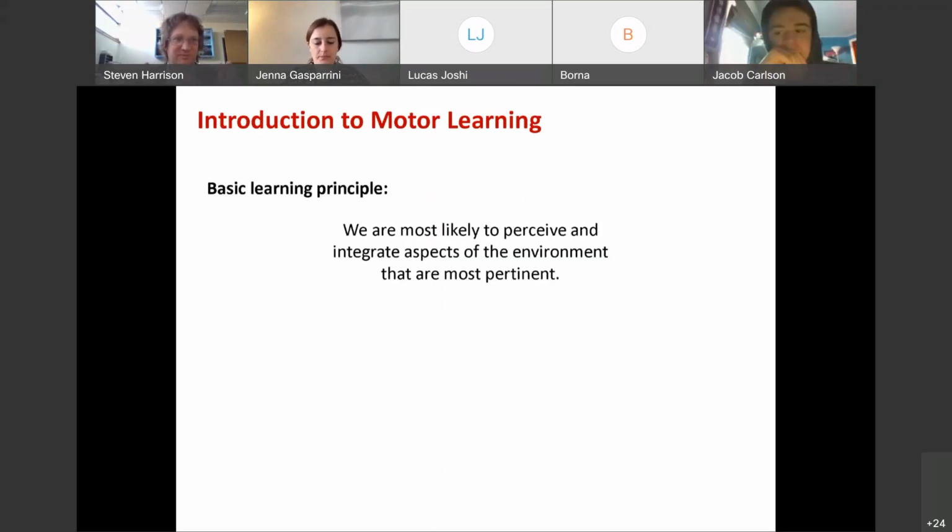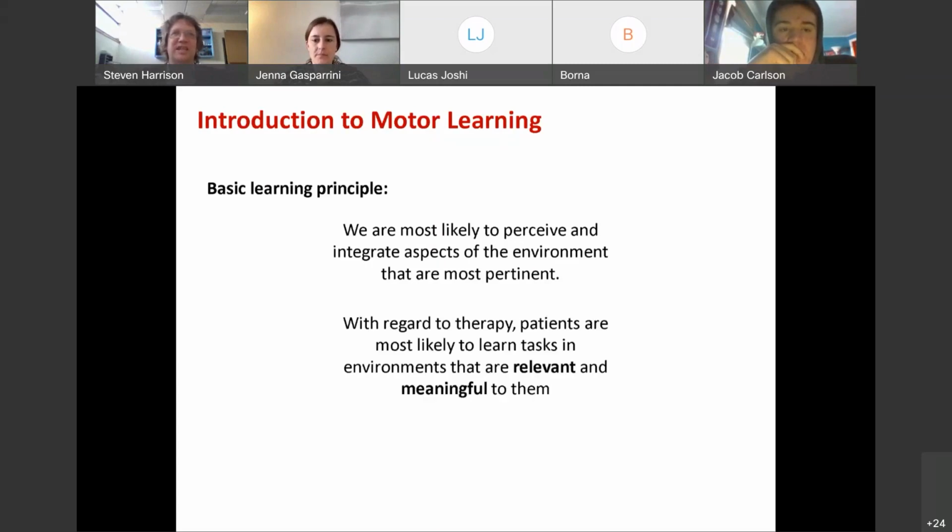Here's a really big rule of thumb: we are most likely to perceive and integrate aspects of the environment that are most pertinent. We can translate this into a principle for practice. With regard to therapy, patients are most likely to learn tasks in environments that are relevant and meaningful to them.